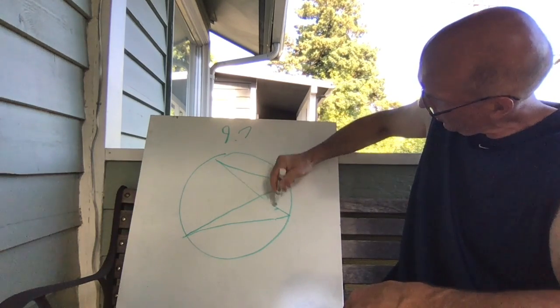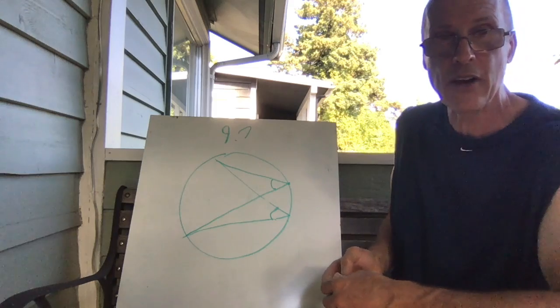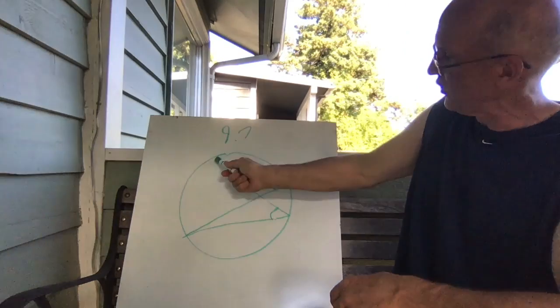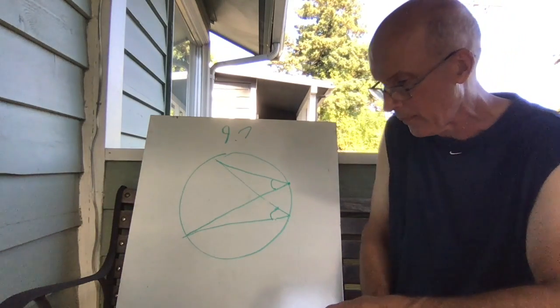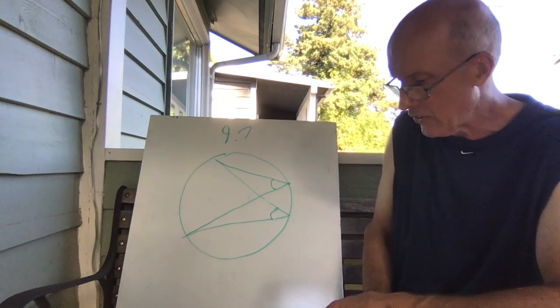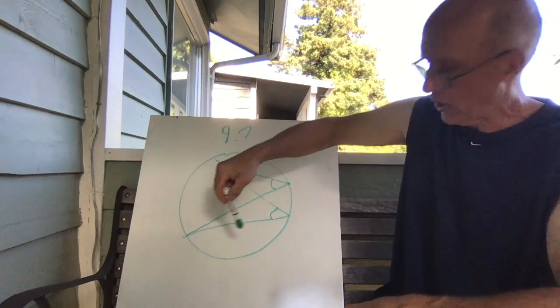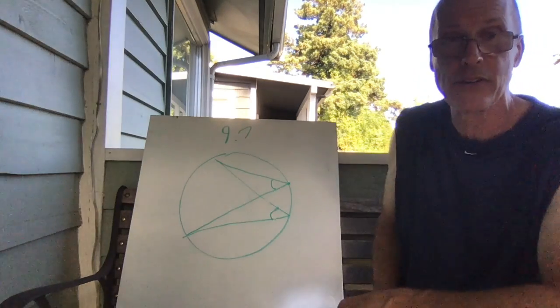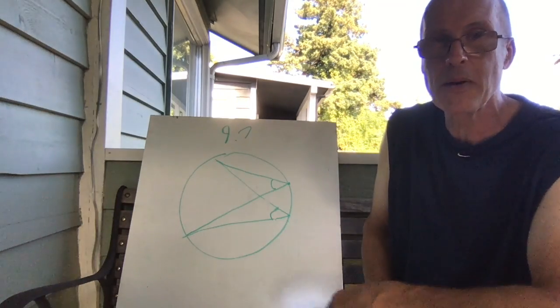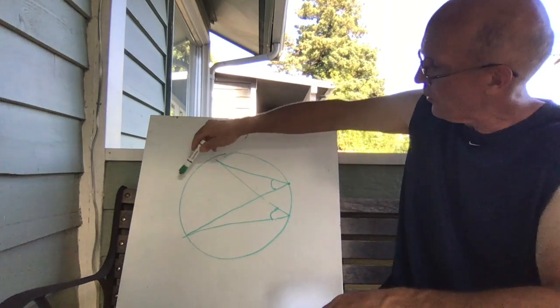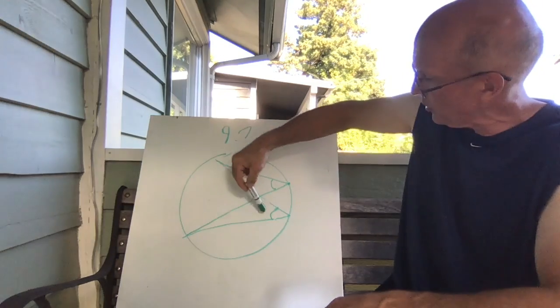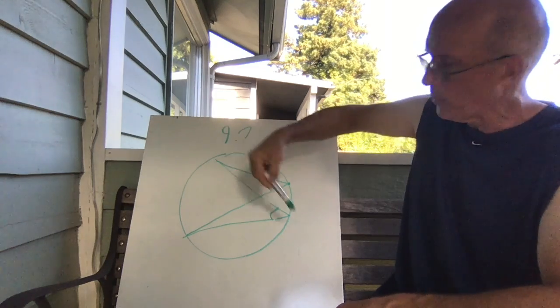So we've got this angle here and this angle here. Do you see they have the same exact intercepted arc? Well, theorem 9.7 says if you have two angles having the same intercepted arc, then these two angles are congruent. And I think it makes sense, right? If we know that this is the same arc and these are both half of that, then they're both going to be the same.